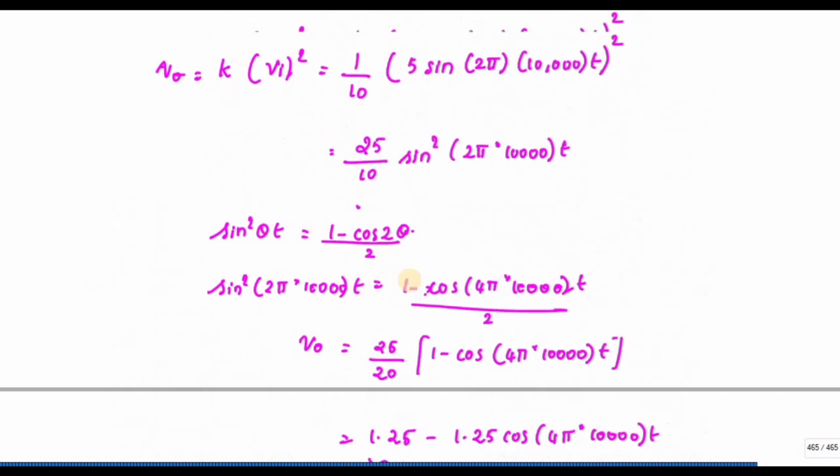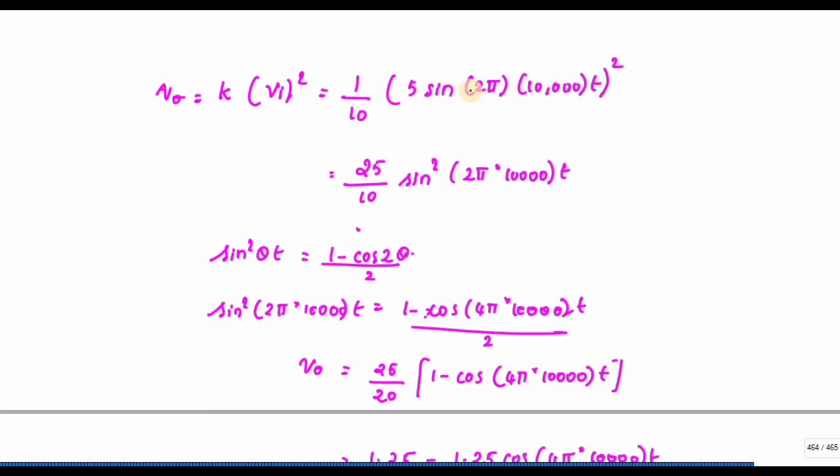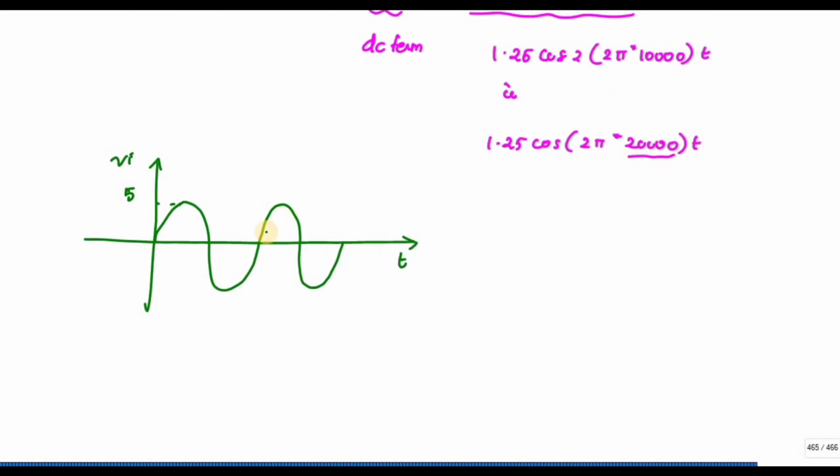It is VA is equal to 5 sine of 2 pi into 10,000 t. So this is my frequency, and T is equal to 1 divided by 10,000.